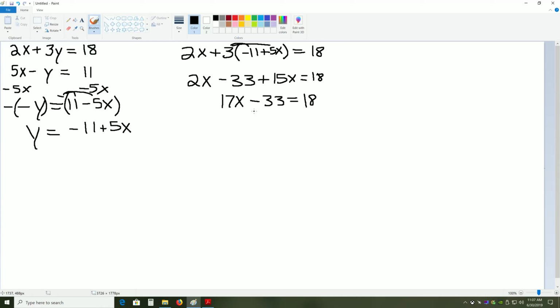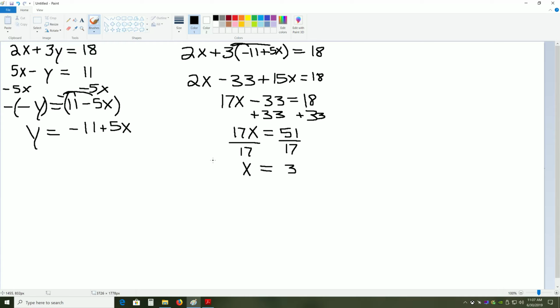And finally, we're going to add this 33 to each side to get the x alone. That gives us 17x equals 51. And finally, dividing each side by 17 gives us x equals 3.